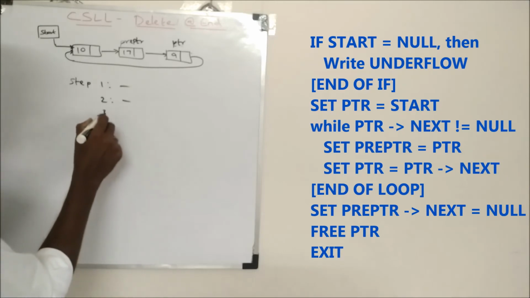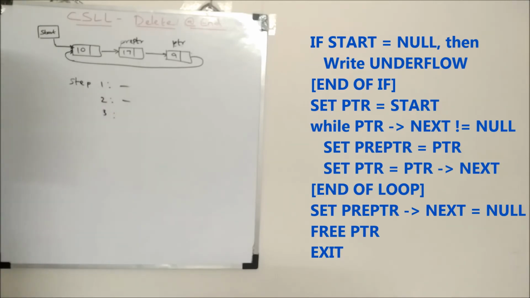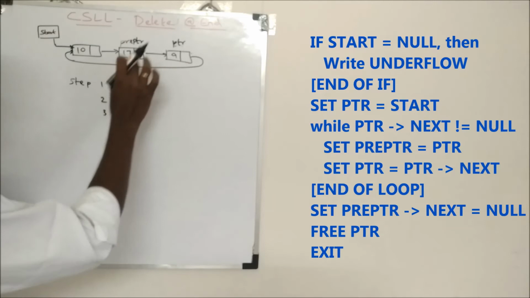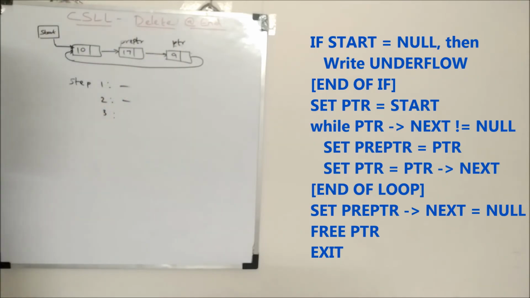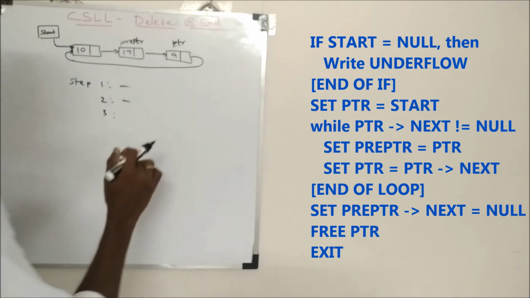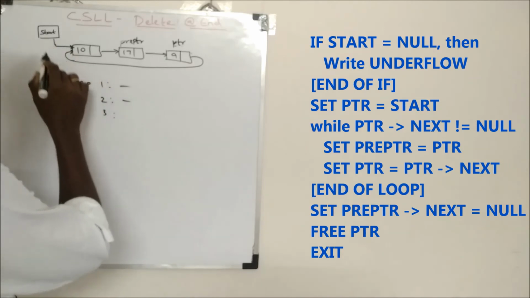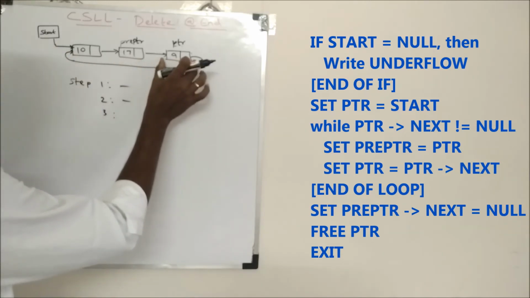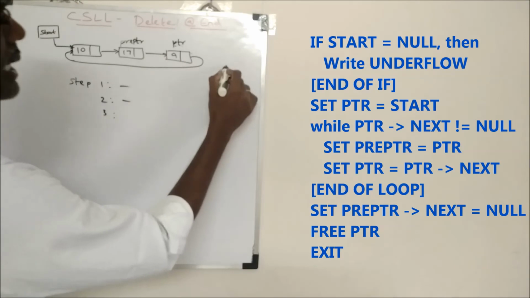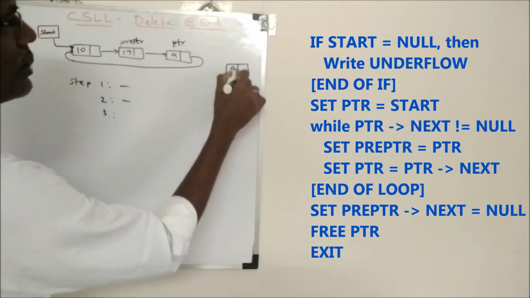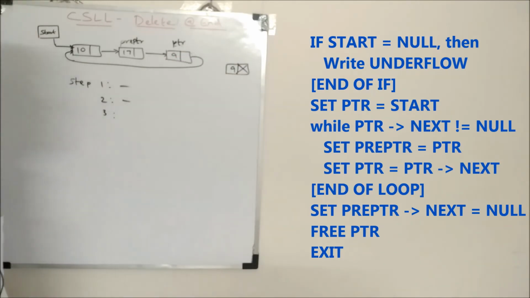In step 3 we have to find out which one is pre-PTR and which one is PTR. For that, what change is required? In singly linked list, if I want to identify this particular node, I can identify it as the node whose next is null.